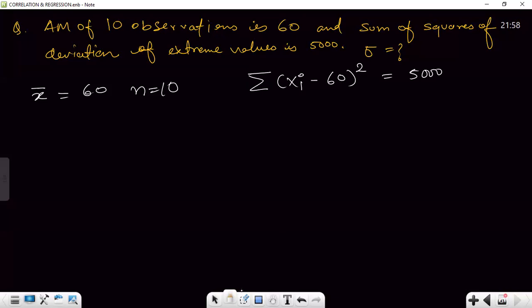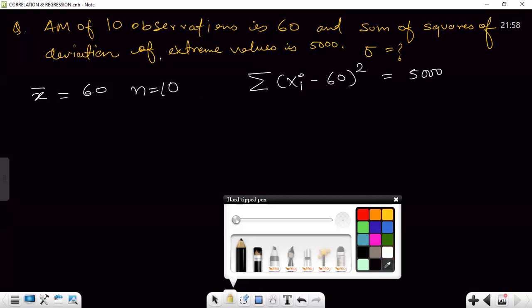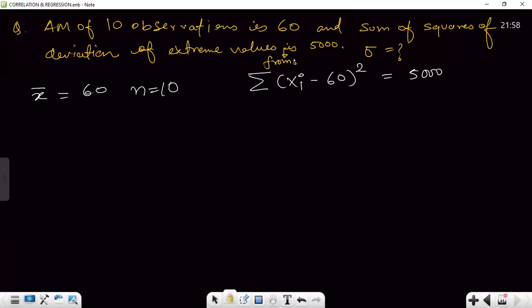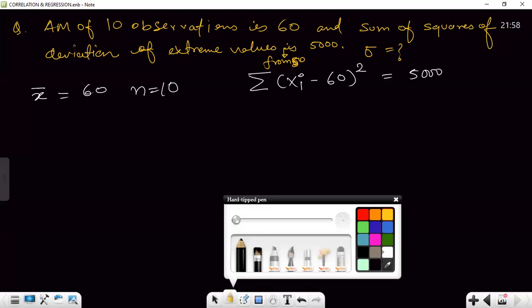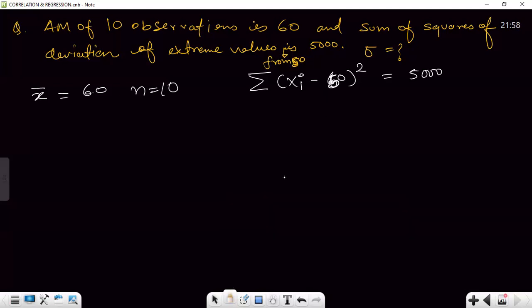I have missed one thing in the question. The sum of squares of deviation of extreme values is from 50, and it is 5,000. So there will not be 60 here; there will be 50 here. We have the eraser. So it is the sum of squares of deviation from 50.